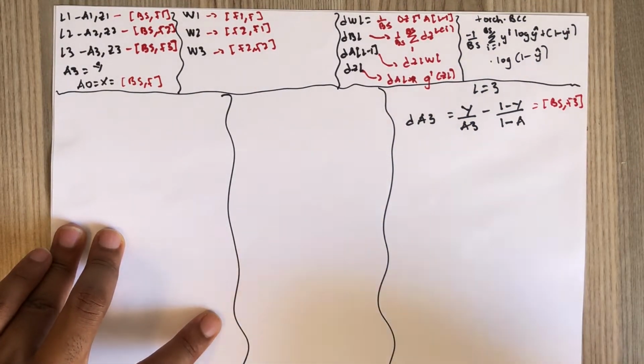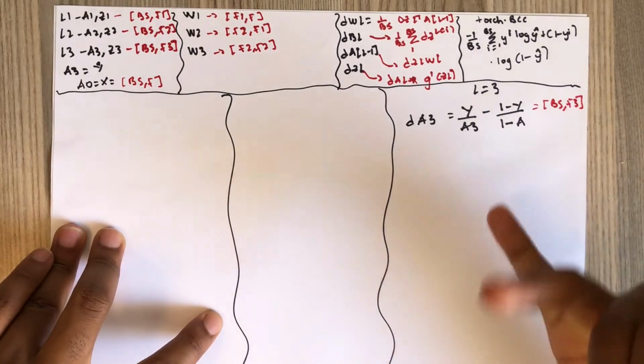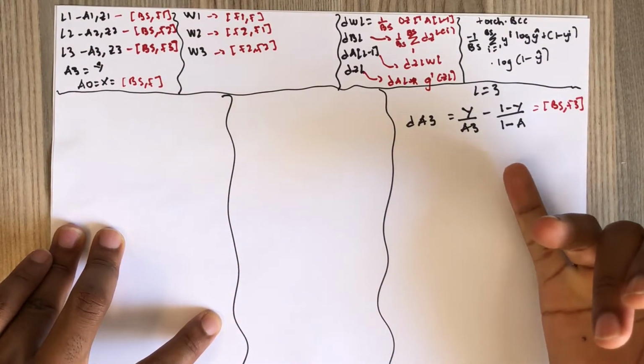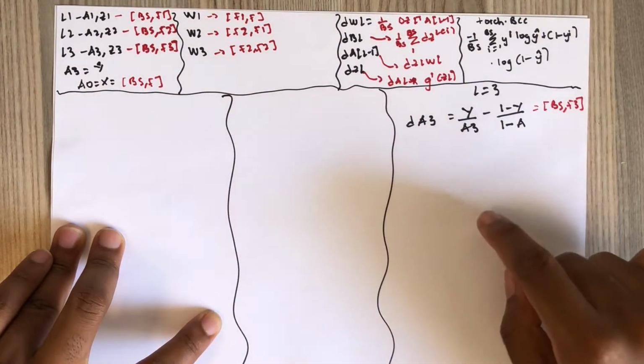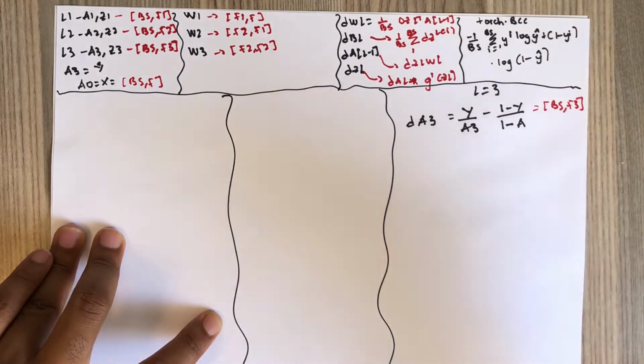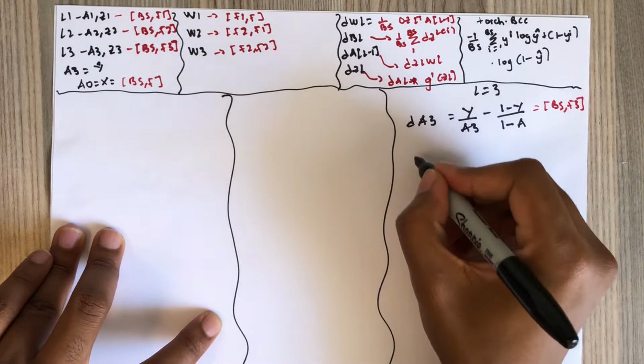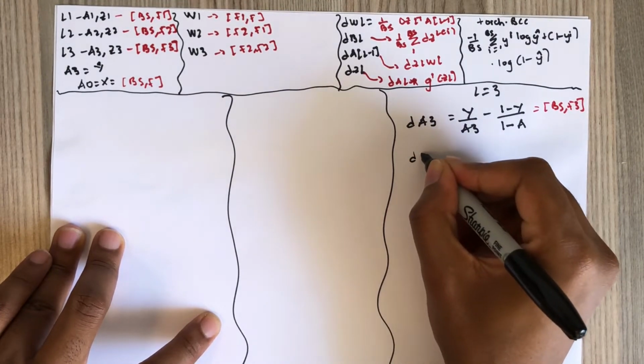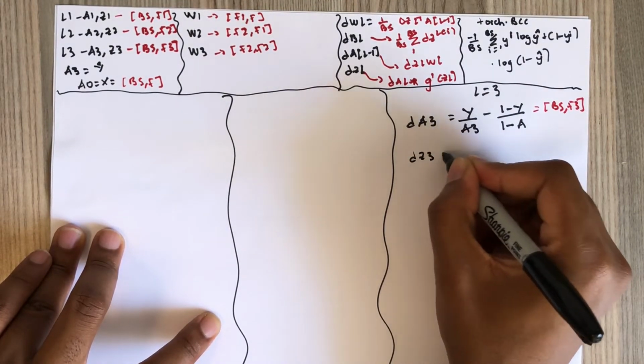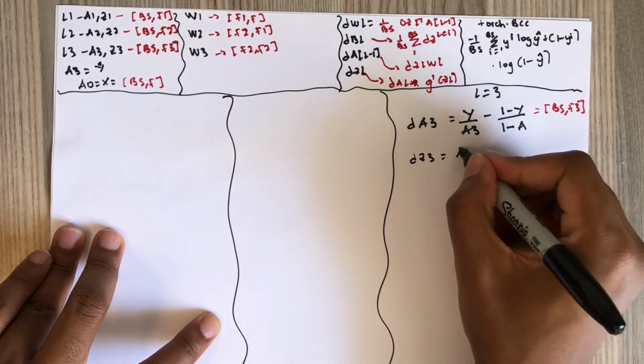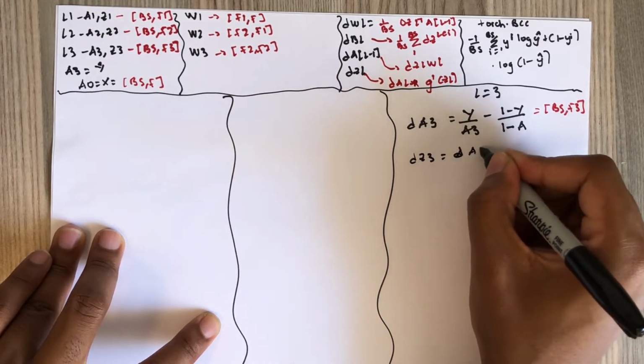So, but we need to ask ourselves, did we apply any ReLU in this layer? We did not apply any ReLU, so we are just going to say dZ3 is dA3.